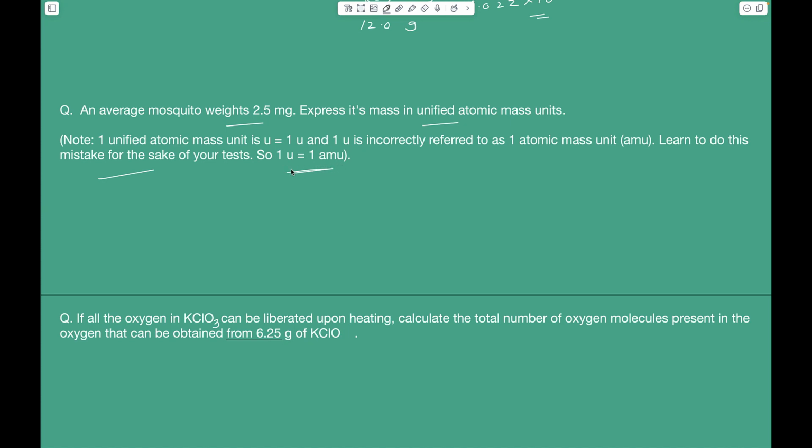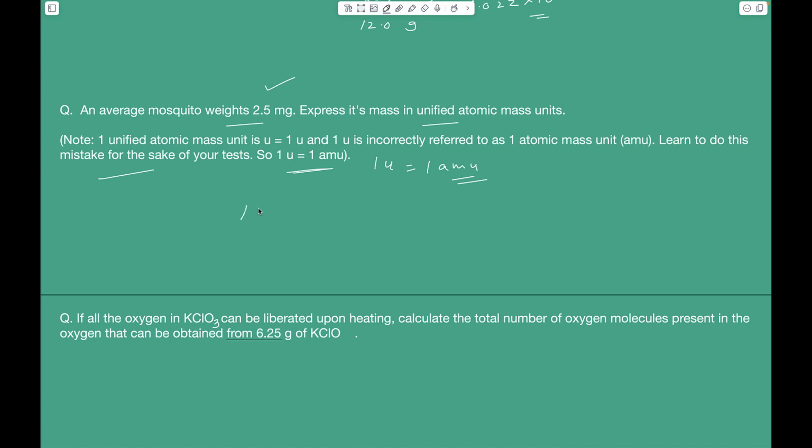They are two different units of mass, but many textbooks use them synonymously. We have to live with it. So understand that 1 U is 1 AMU as far as your tests are concerned, but they are not actually equal. Now, how can you express the mass of this mosquito in unified atomic mass units?